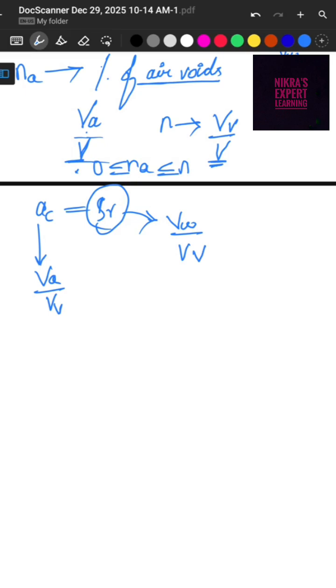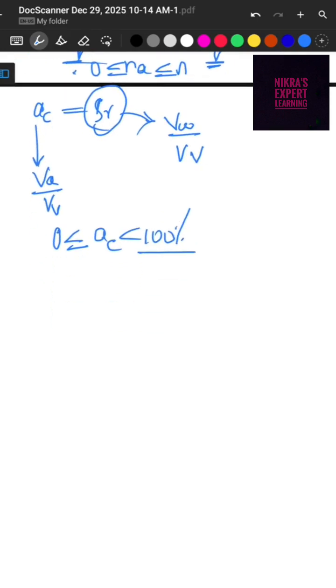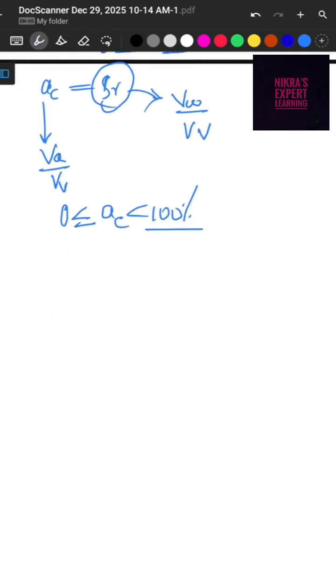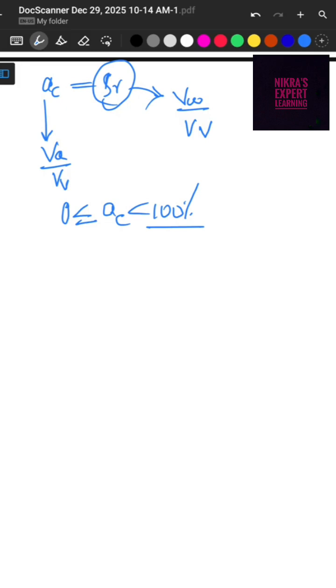Even this value will range from 0 to 100%. So just understand the terms. Till now we have discussed 5 terms. First, the void ratio, volume of voids to volume of solids. Next, the porosity, volume of voids to total volume.